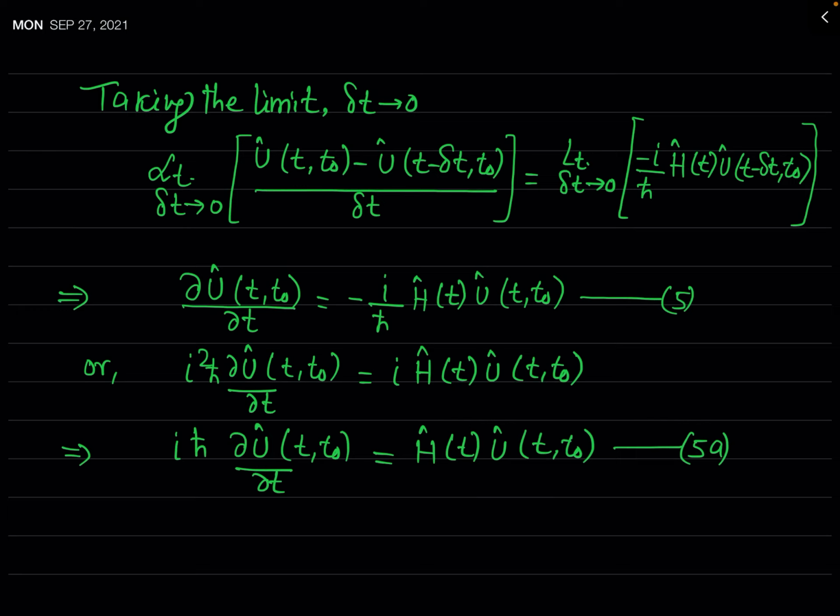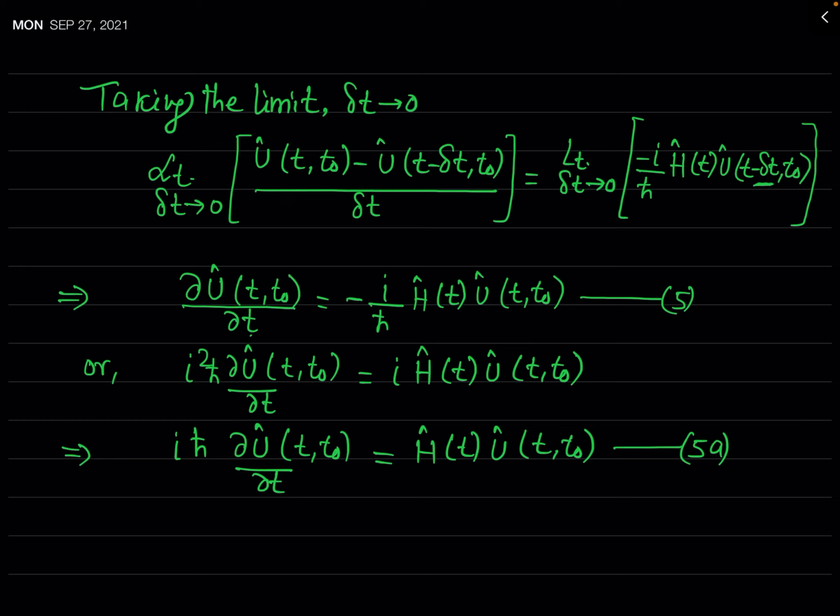So from the definition of the differential coefficient of a function, we can write the LHS of this equation in this way: del U hat(t, t naught) by del t. And in the RHS, since the limiting condition is delta t tends to 0, take this delta t equal to 0. So our result is minus i over h bar H hat of t U hat(t, t naught).